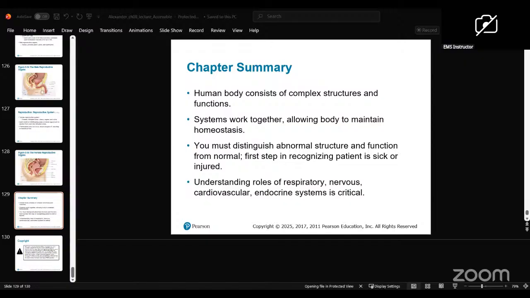We'll go over normal vitals later on, but it's not a bad idea if you want to write this chart down or take a picture of it so that you already have it. This just gives you an idea. These are some changes that we do go through. The older we get, our heart slows down, our breathing slows down, our blood pressure goes up. When we're born, we're cute, and then I don't know what happens after that.